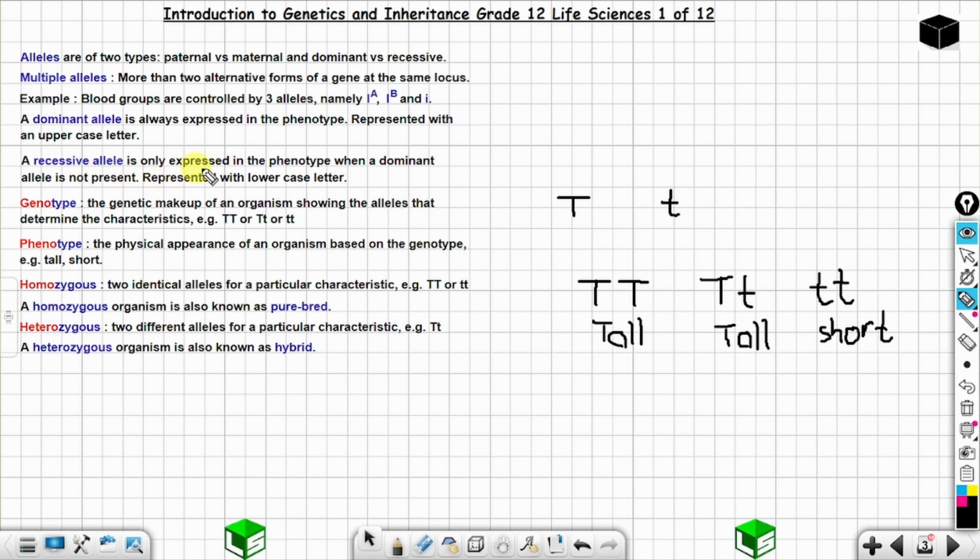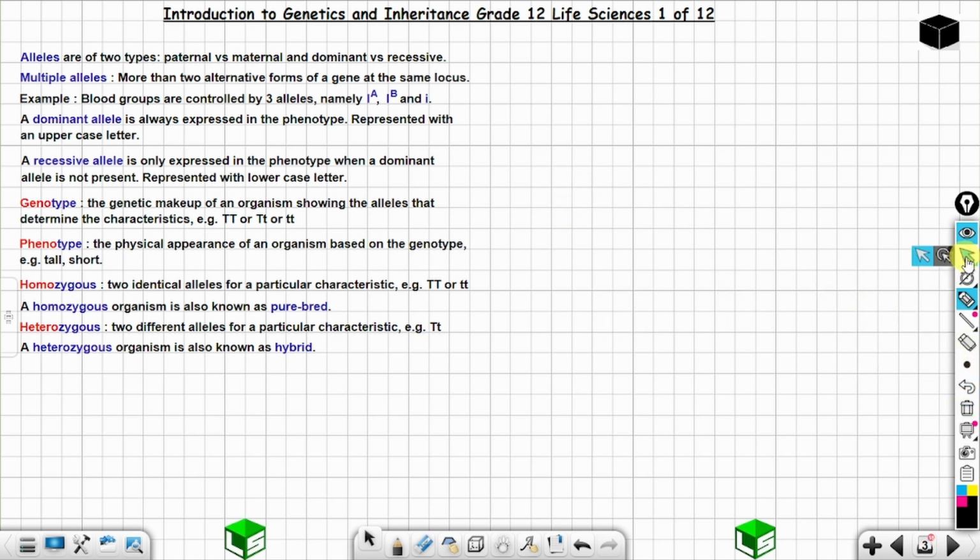They can only be expressed in the phenotype when a dominant allele is not present. You don't have a dominant allele. This one, let me erase.